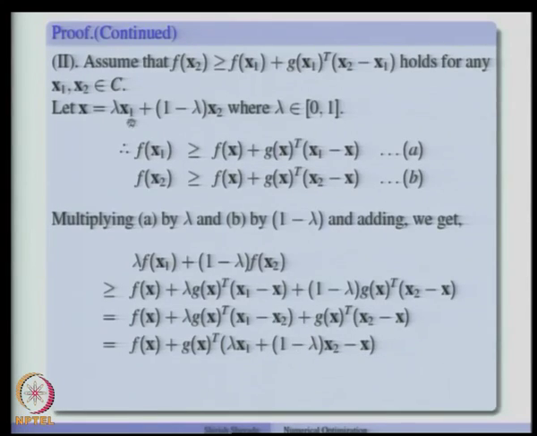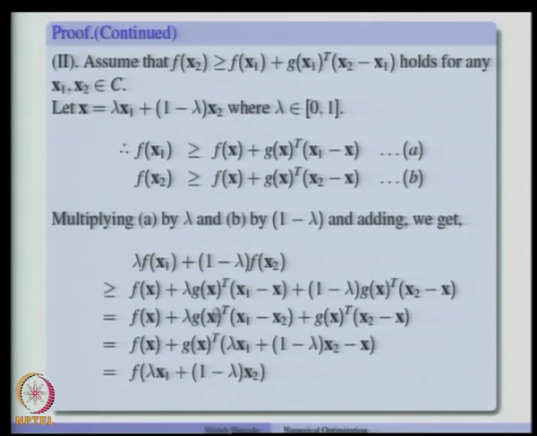Now, if we look at the definition, x is nothing but lambda x1 plus (1 minus lambda) x2. So, the quantity in this parenthesis vanishes, and because of that what we get is lambda f of x1 plus (1 minus lambda) f of x2 is greater than or equal to f of x, and f of x is nothing but f of lambda x1 plus (1 minus lambda) x2.